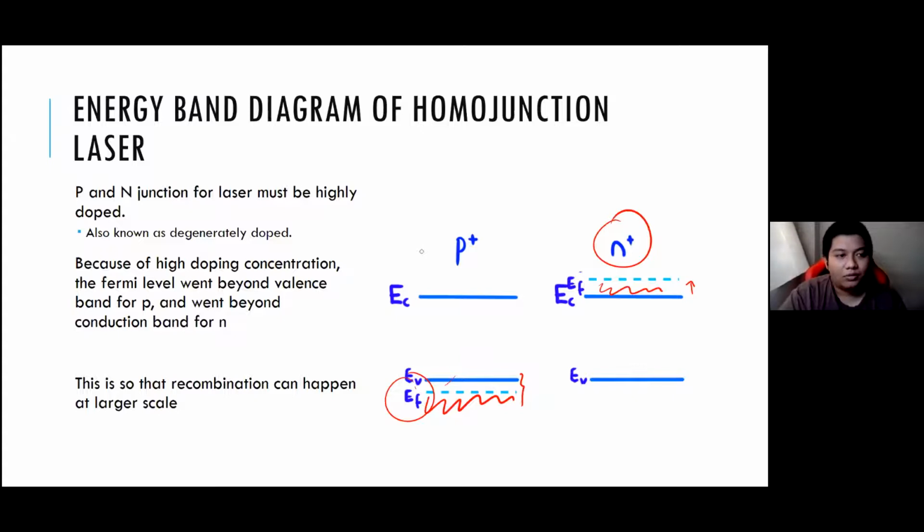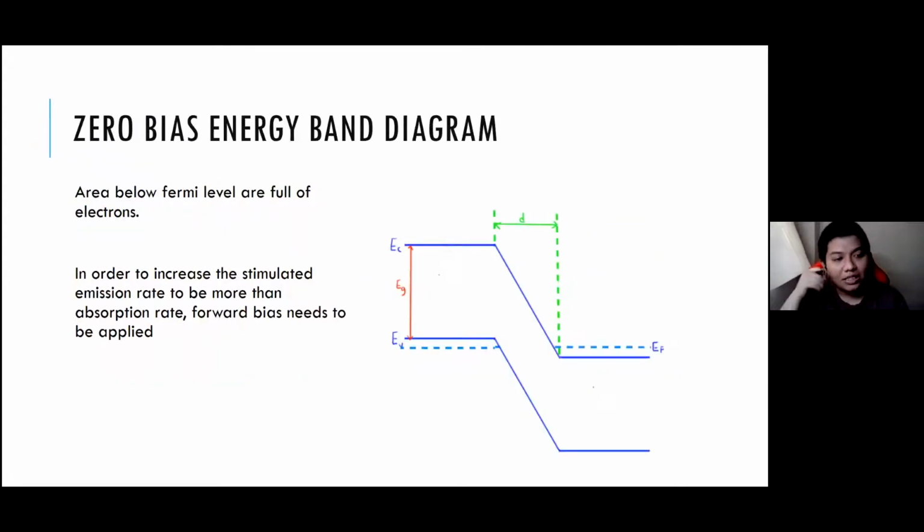So this is a zero bias energy band diagram, and this is what it will look like. The blue line shows the Fermi level, and the bottom part here, everything is actually electrons, and the top part of the Fermi level here is holes.